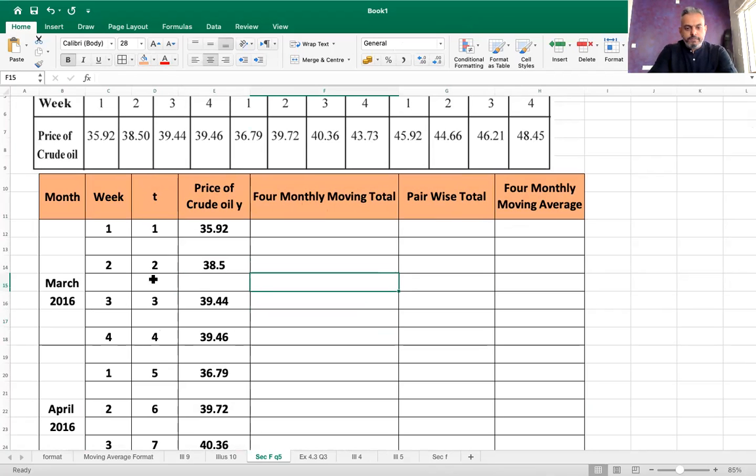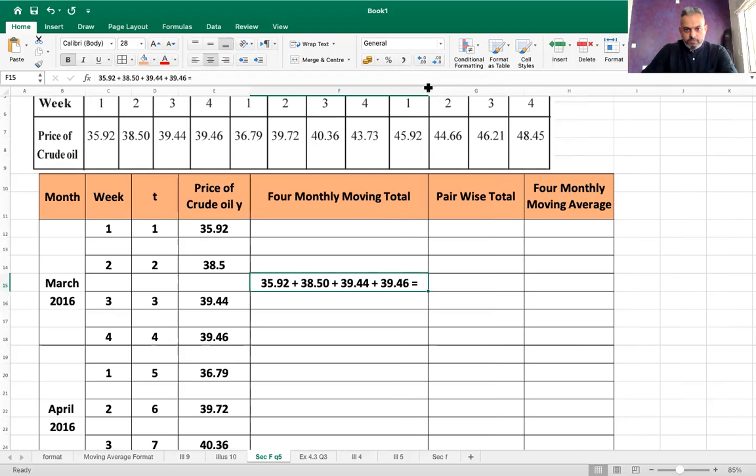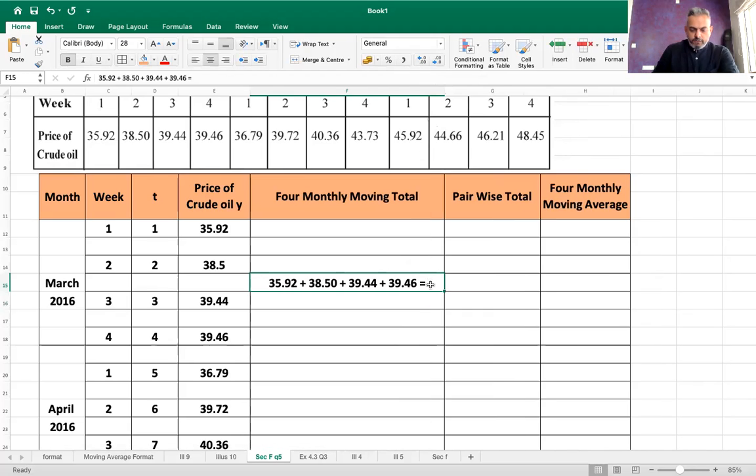So let's do it. 35.92 plus 38.50 plus 39.44 plus 39.46, which is equal to 153.32.